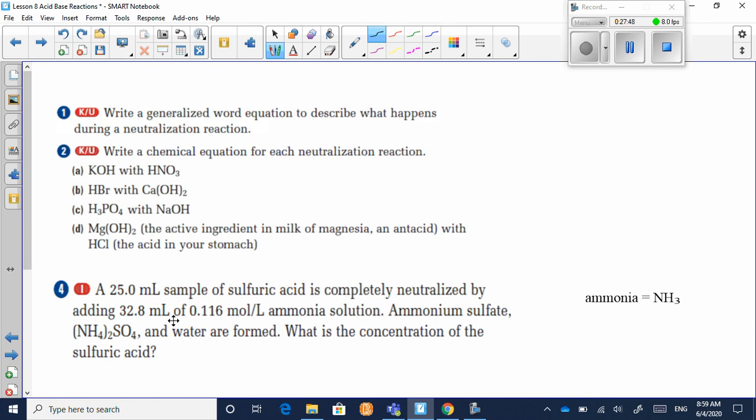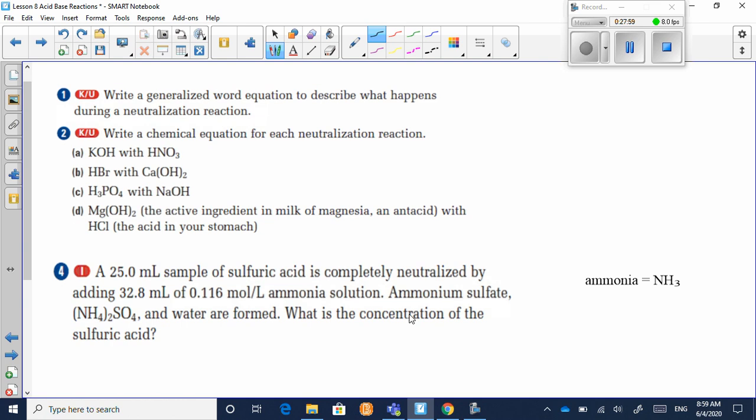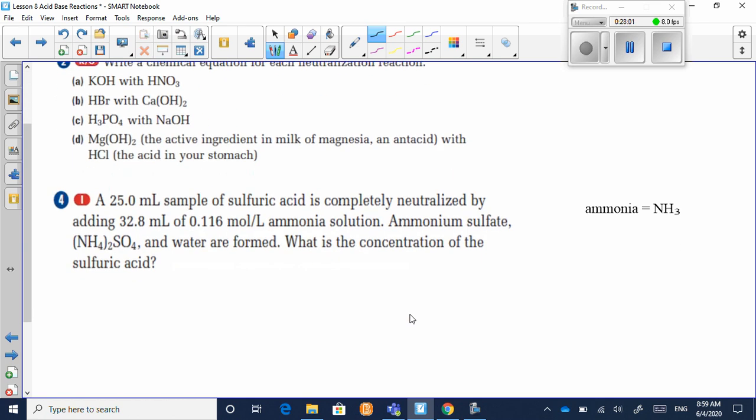And then number 4 is very similar to the one that I just did, except in this case, they're asking for the concentration of sulfuric acid. So here, I'll just give you a hand with this one. It says H2SO4, sulfuric acid, is completely neutralized with ammonia. So look at this, we would write NH3. And this is one of those where you don't need to write the water.